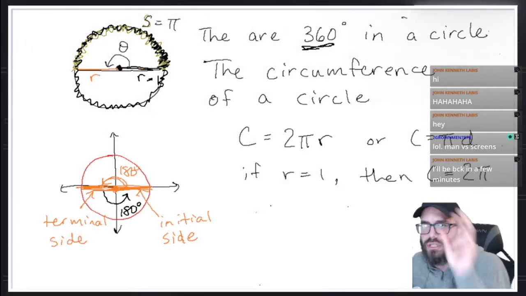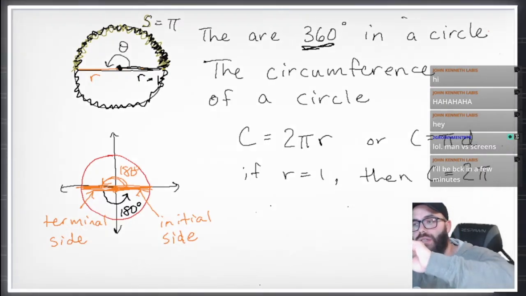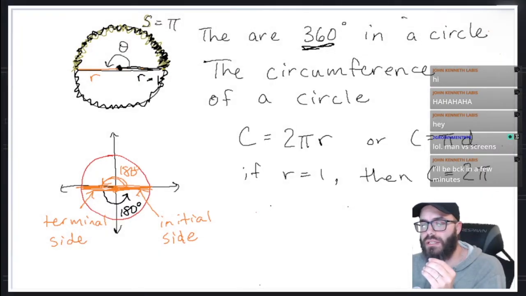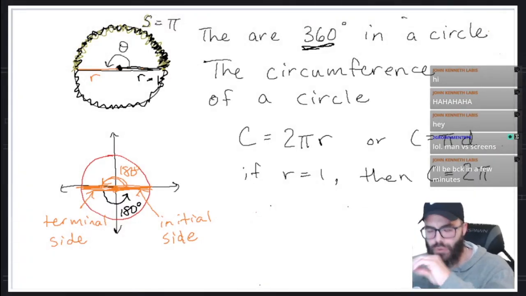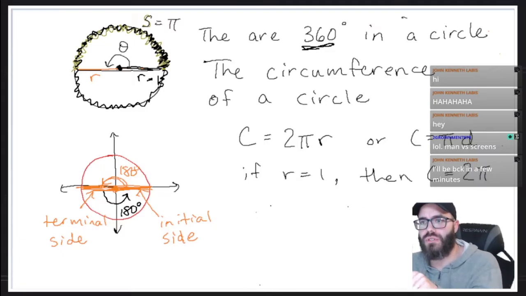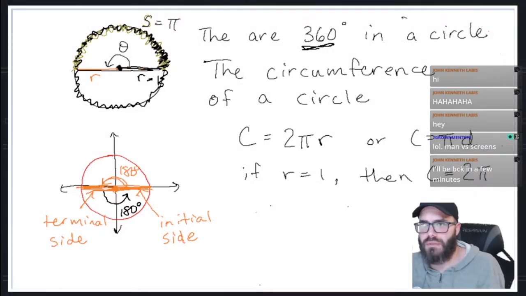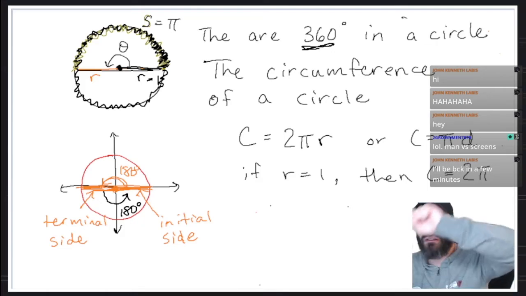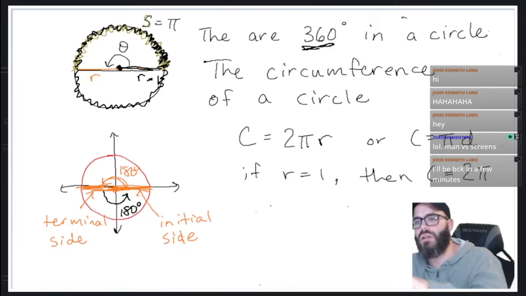The distance around a full circle, if the radius is 1, is 2 pi units. So 360 degrees and 2 pi units are the same thing, right? The distance around a full circle, the circumference, if the radius is 1, is 2 pi units, and you also travel 360 degrees to get there.